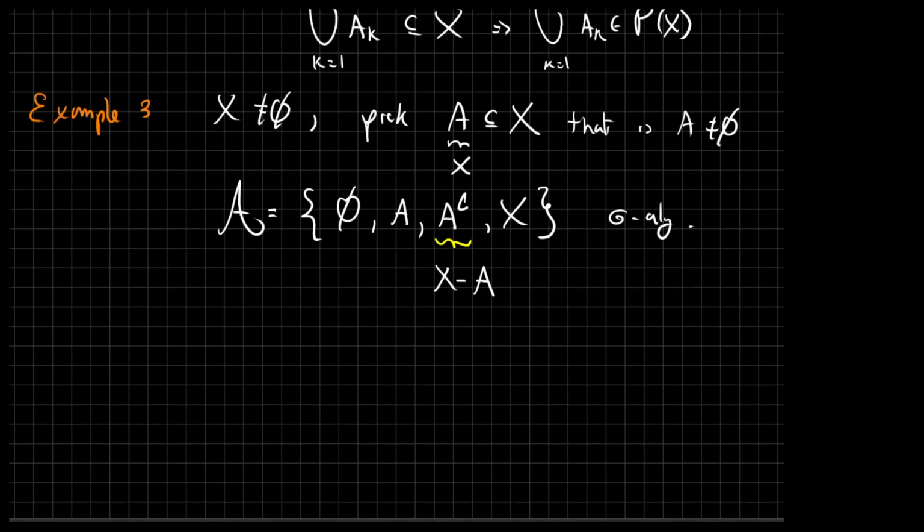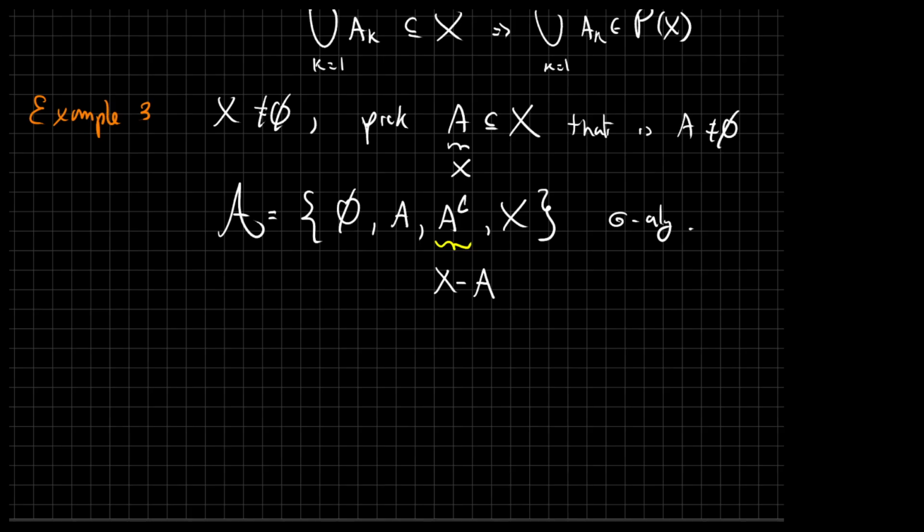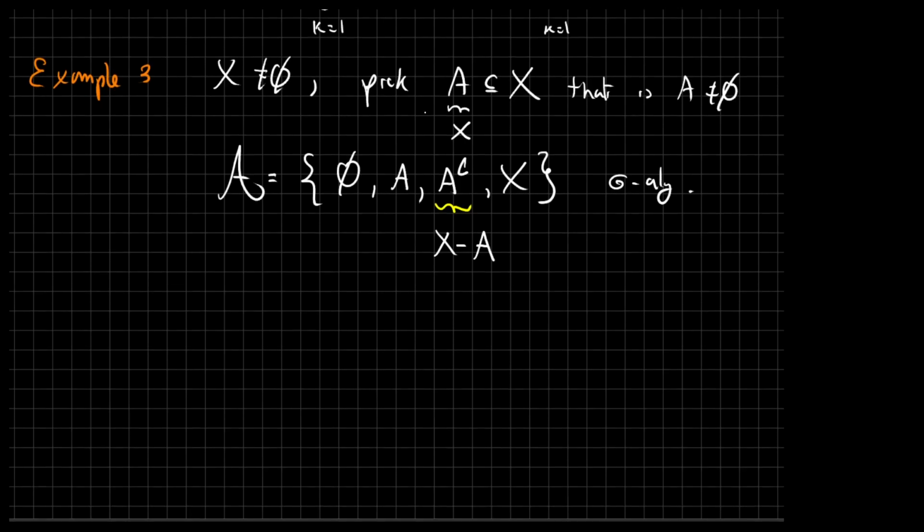And why is that? Well, the first property is met since X, the whole space, is an element of A. And then when you take the difference of any of these four elements, the difference is always an element of A. We can show that pretty quickly.